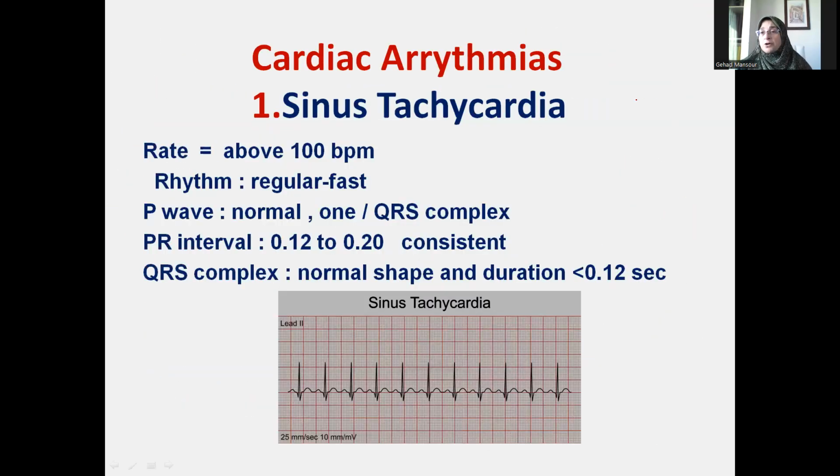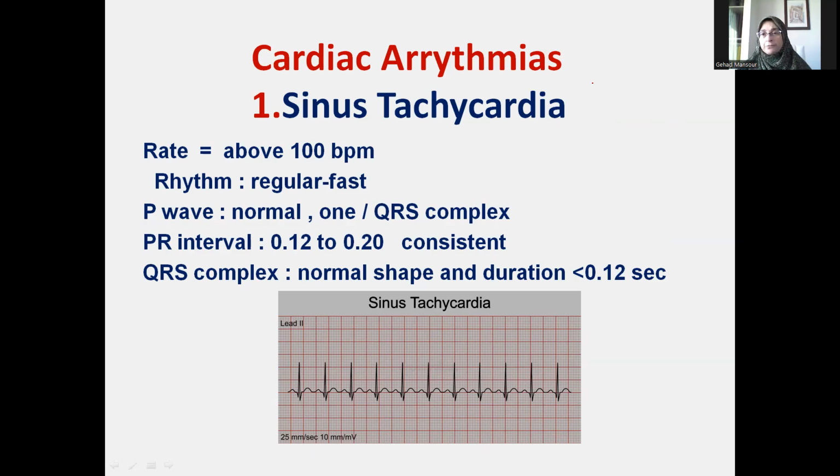Now, sinus tachycardia, as I said in the previous video, when you give the definition of sinus tachycardia, it's not enough to say it's an abnormal rhythm where the rate is above 90 beats per minute or even above 100 beats per minute.